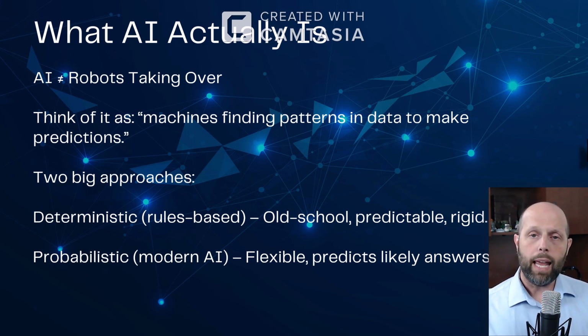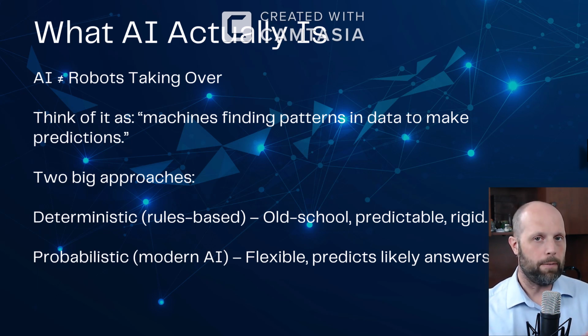Instead of saying, hey computer, if the user does something, then you do a predetermined, pre-programmed outcome, we feed data into the computer and it does statistical analysis. It takes all of the stuff that it has already been programmed to know, and says, okay, based on what you've told me, the most probable answer is this.